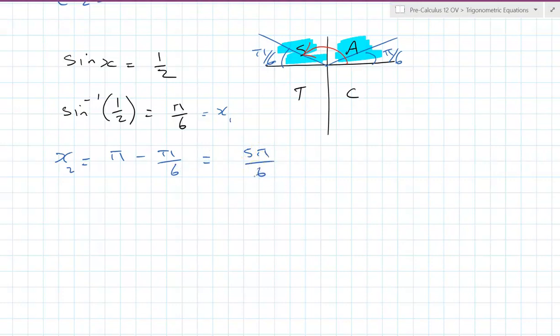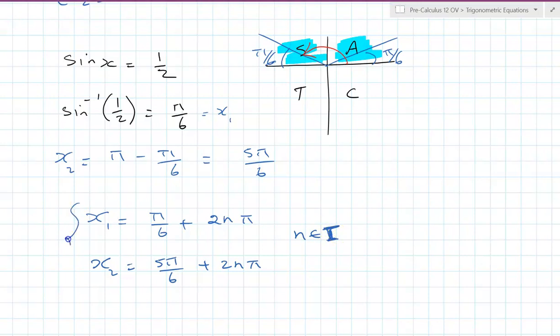Okay, and then if we change both of them into general form, the first one will be π/6 + 2nπ, and x2 will be 5π/6 + 2nπ. Don't forget to include what n is. n belongs to the integer number set. All right, those are the two.